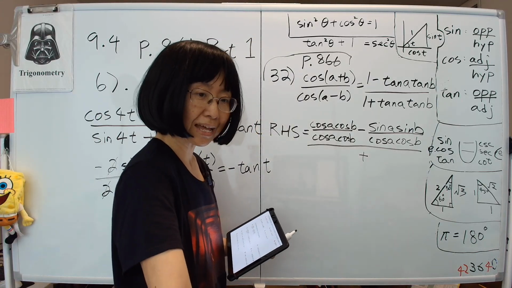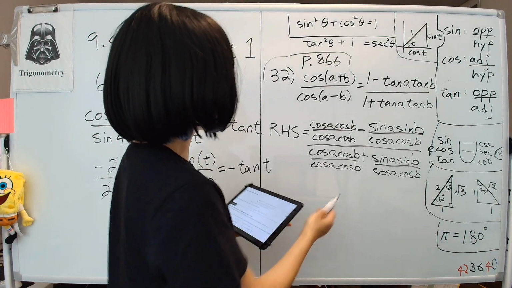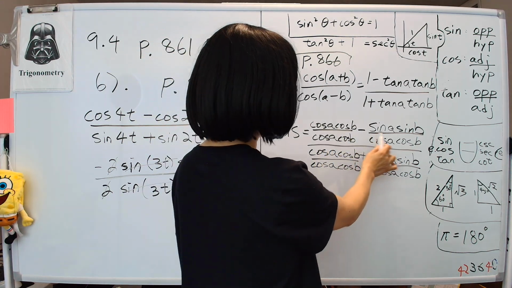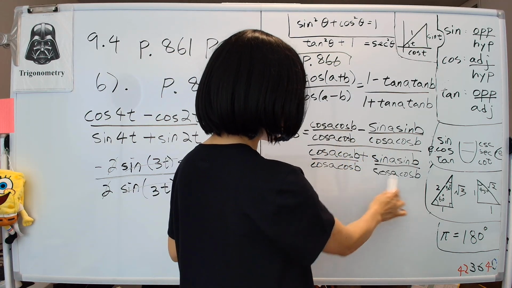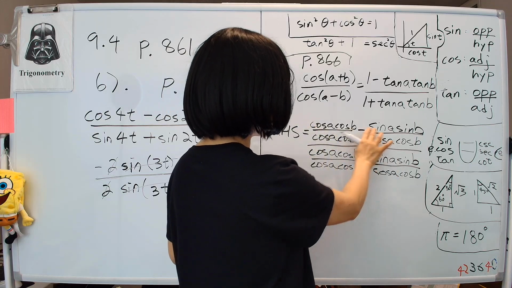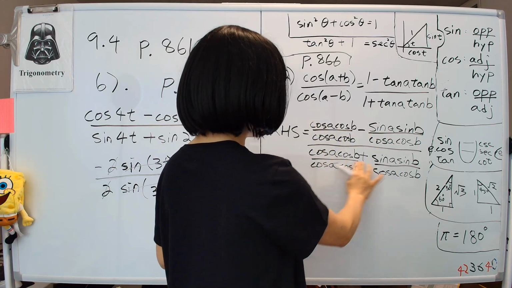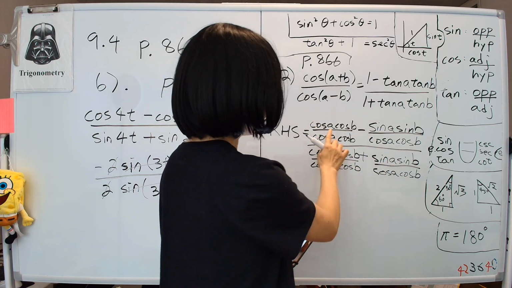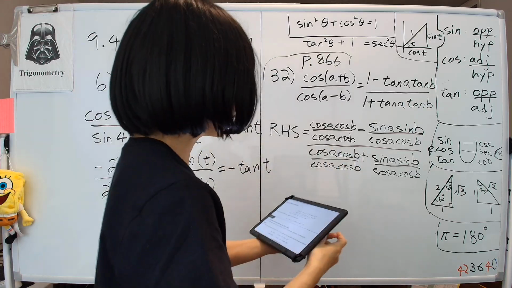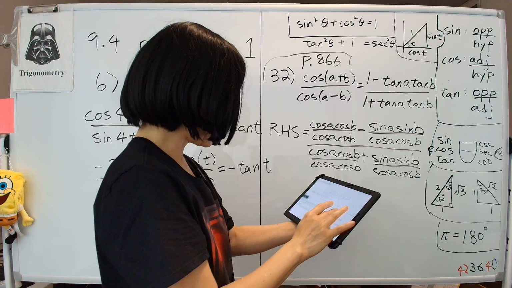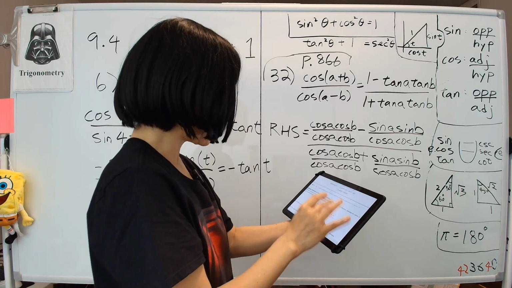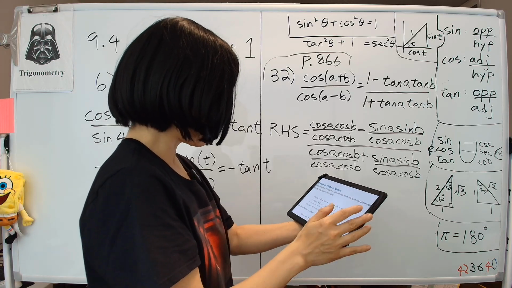Okay, so let me write that. Now, what is cosine A cosine B minus sine A sine B? Notice the denominators all cancel out. Okay, so we don't have to worry about that. All we have is just the numerator divided by the numerator down here. And well, cosine A cosine B minus sine A sine B sounds familiar because that is one of the formulas we learned in a couple of sections ago.